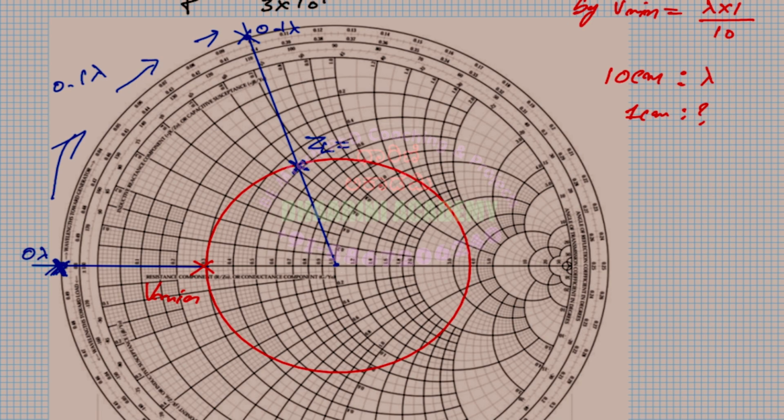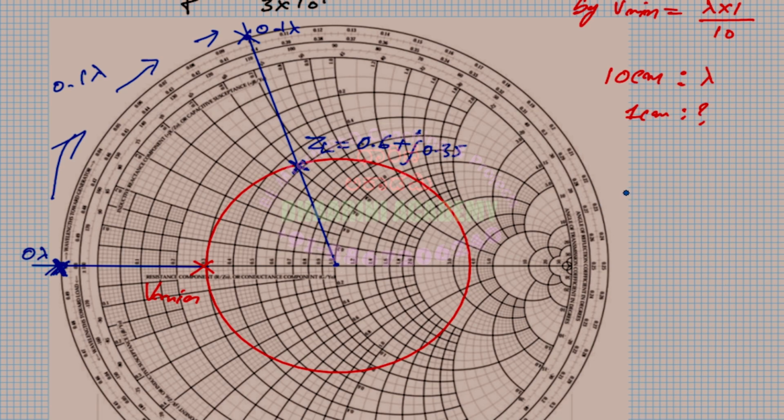Okay, in your graph, you are talking about your graph value, right? Okay, so I'll write that value. So you are getting 0.6 plus j 0.35.